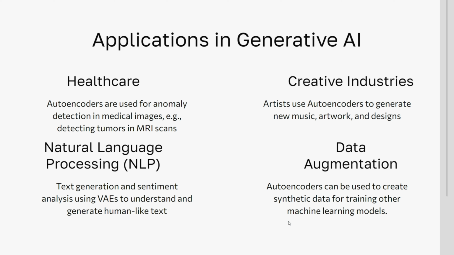Next, in the case of creative industries such as music, filmmaking, or YouTube, we can use autoencoders to generate new music, artworks, or designs. And in the case of natural language processing, we have a very limited application of text generation or sentiment analysis using variational autoencoders.